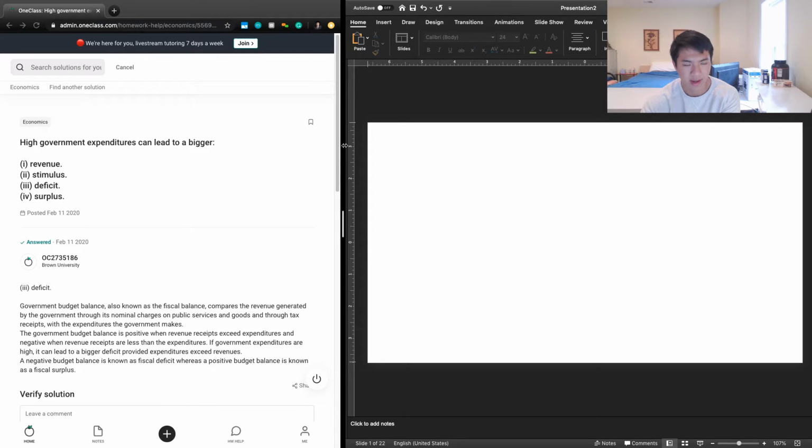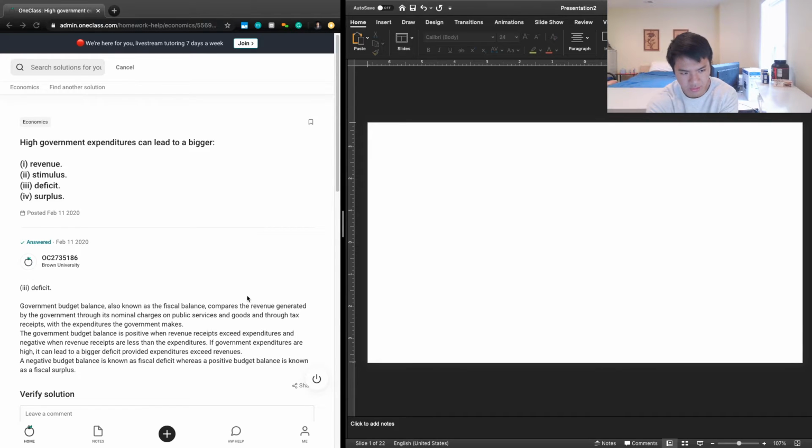Government expenditures can be high with the intention of creating some sort of economic stimulus, but they are not tied in the same way as with deficit, where government expenditure is literally a part of the formula to calculate it. The budget balance is equal to tax revenue minus government expenditure. So if you increase government expenditure, you by definition are leading to a greater deficit, holding tax revenue equal. That's probably going to be the best answer, and we would go with that for this question.